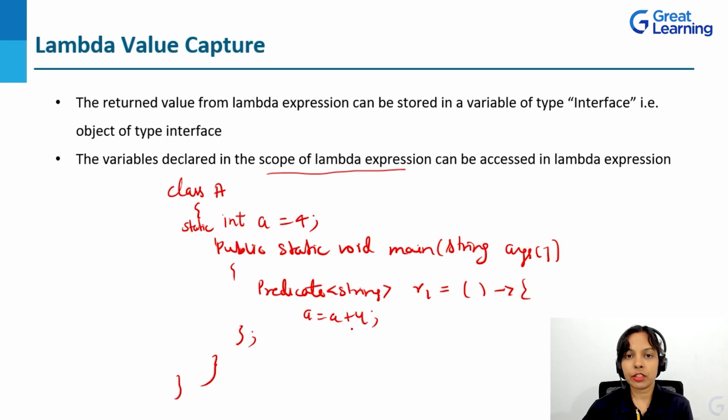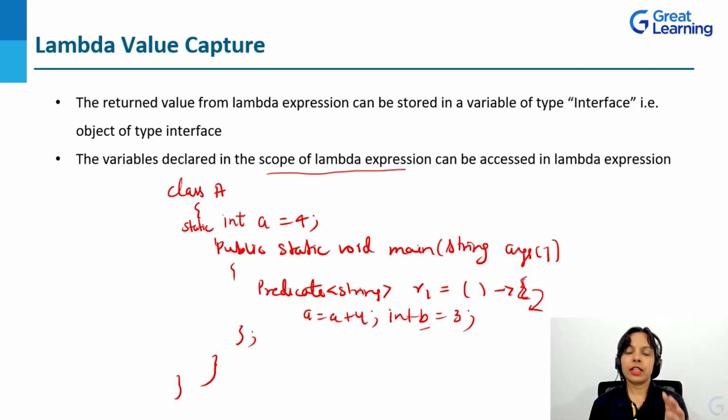Can be accessed by Lambda expression, meaning inside this curly bracket, in the code block of Lambda expression, we can include that. Second is if the variable is defined inside the Lambda expression code itself. That is, inside these curly brackets, if I would have defined some variable int b equals 3, suppose, then definitely inside this Lambda expression itself, I can refer to b anywhere.